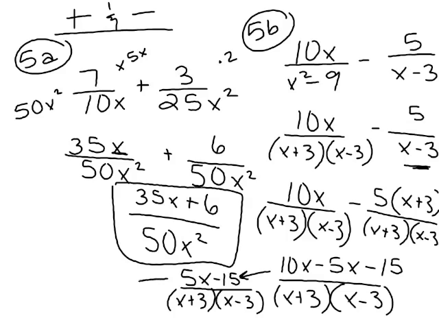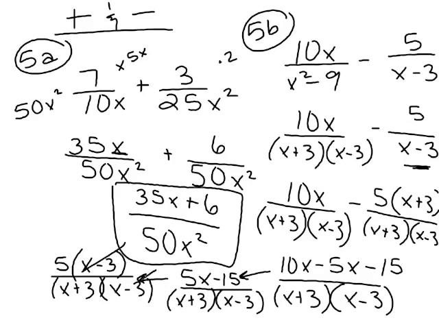Okay, I can take it one more step. The 5x minus 15, if I pull out a 5, I have x minus 3, don't I? Then I have an x plus 3 and an x minus 3 on bottom. Can I simplify? Yes, those will cancel.